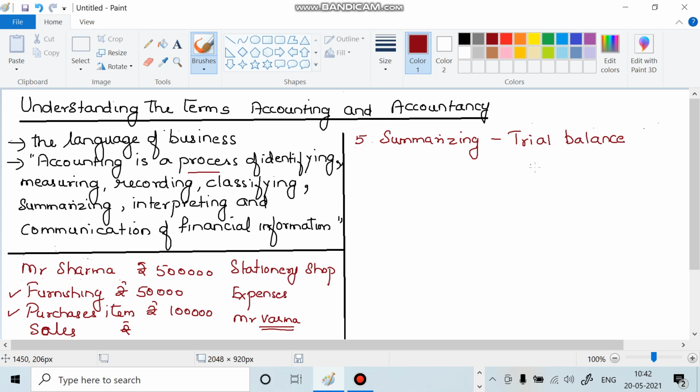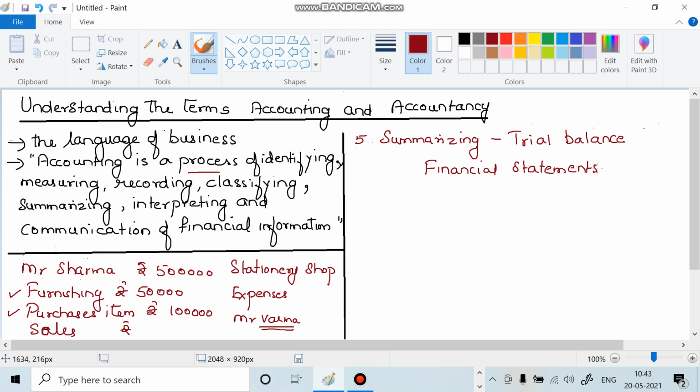And using this trial balance, the financial statements of the business can be prepared. Now, when we're talking about financial statements, we're referring to the profit and loss account and the balance sheet. The profit and loss account is prepared using the trial balance to find out the financial performance of the business, that is, whether it has earned a profit or incurred a loss during that accounting period.